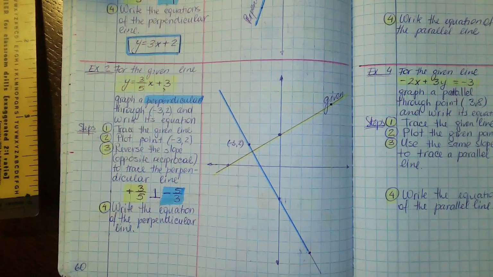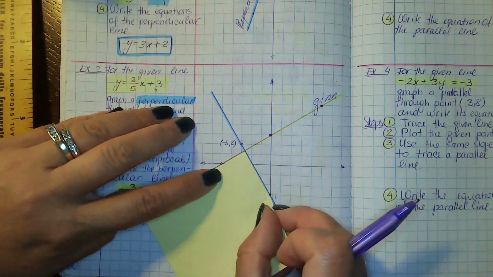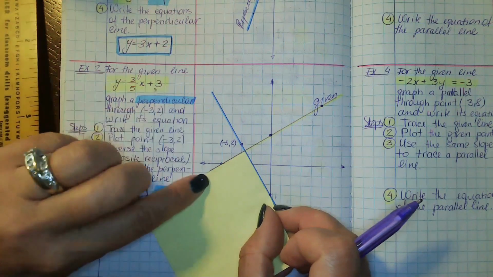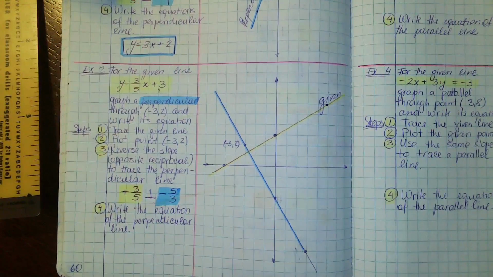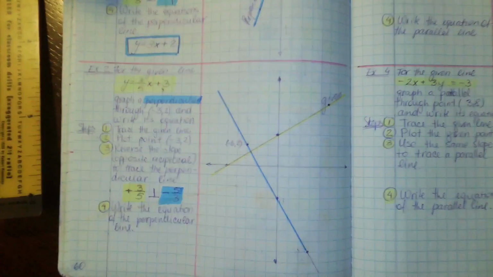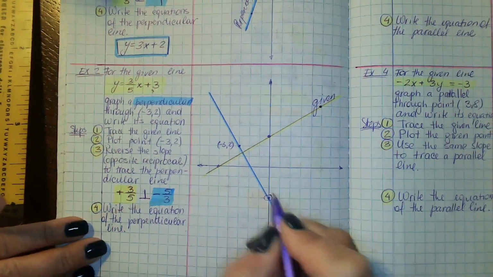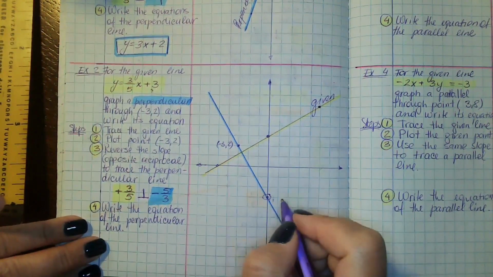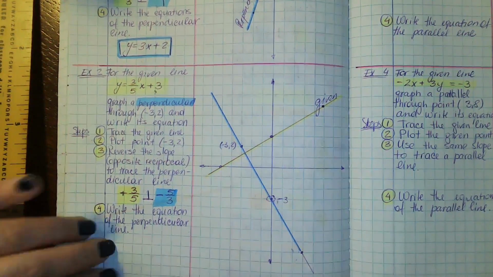Okay, so when we check, even if sometimes you don't trust your eyes because it kind of looks tricky, put a piece of paper in there or a corner of the ruler and check, or measure with the protractor. To write the equation, we need that opposite reciprocal slope, which is -5/3, and the y-intercept, -3, of the perpendicular line.